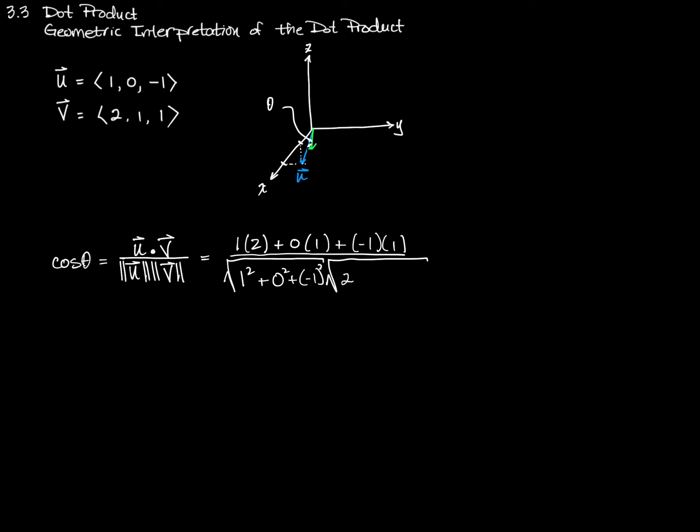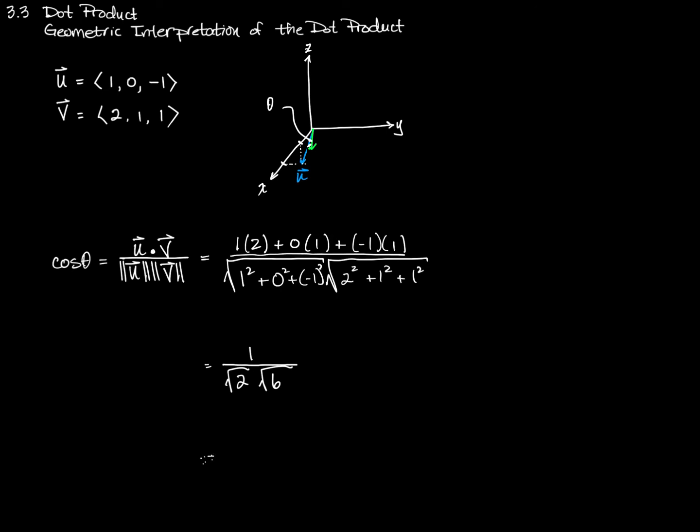And v has magnitude 2 squared plus 1 squared plus 1 squared, each under a square root. That gives me a numerator of 2 minus 1, which is 1, over the square root of 1 squared plus 0 squared plus 1 squared is 2, so that's the square root of 2, times the square root of 4, 5, 6, square root of 6. 6 can be written as 2 times 3.